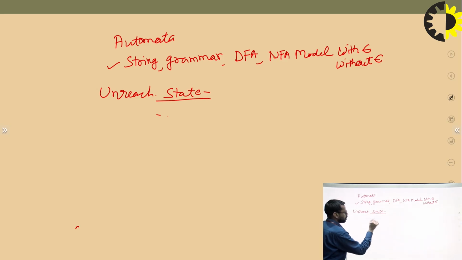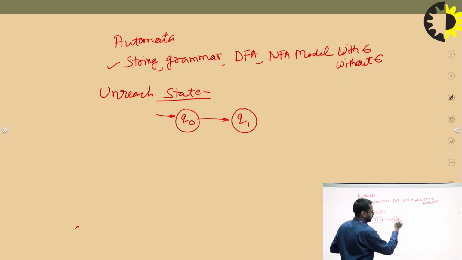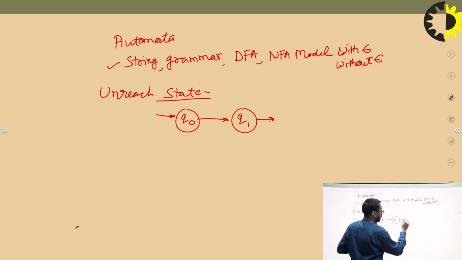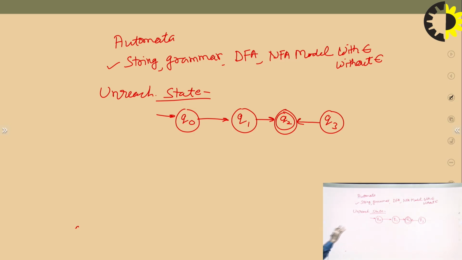think about such a scenario. Let's suppose this is an initial state Q naught and Q1 is the intermediate state, and let's suppose Q2 is the final state, and there is also a state Q3 which is mentioned here. This is basically a finite automata model. So when we discuss the unreachable state, the state which cannot be traversed from the initial state is known as the unreachable state.